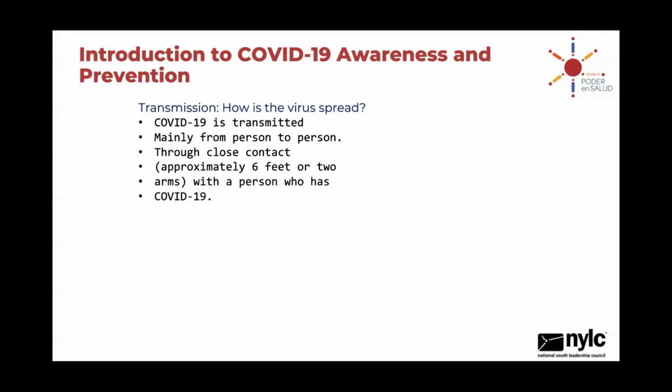Okay, so in this portion I would like to ask you all another question. If anyone could please unmute their mic or share in the chat, whatever you feel most comfortable with, that would be great. How is this virus spreading throughout our community, whether it's your schools, your families, your friends?